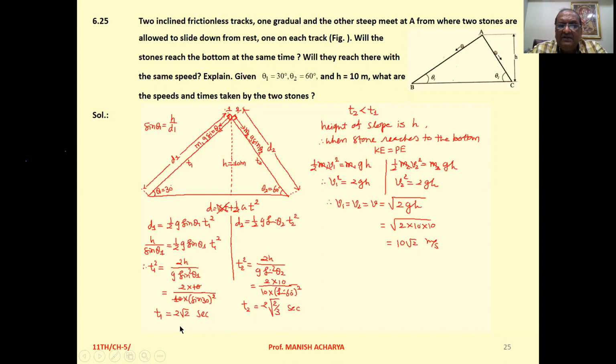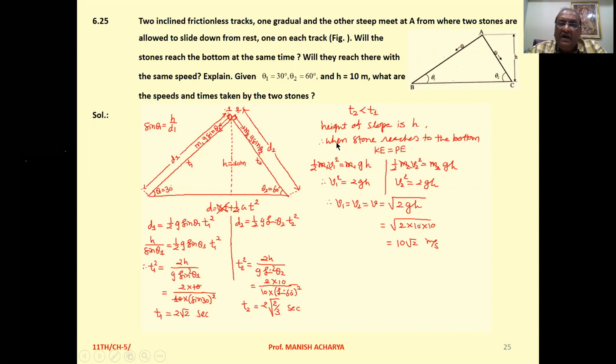So we can see here time t2 is less than t1. Clear? So will the stones reach the bottom at the same time? No. Clear? This second stone will reach earlier compared to the first one.